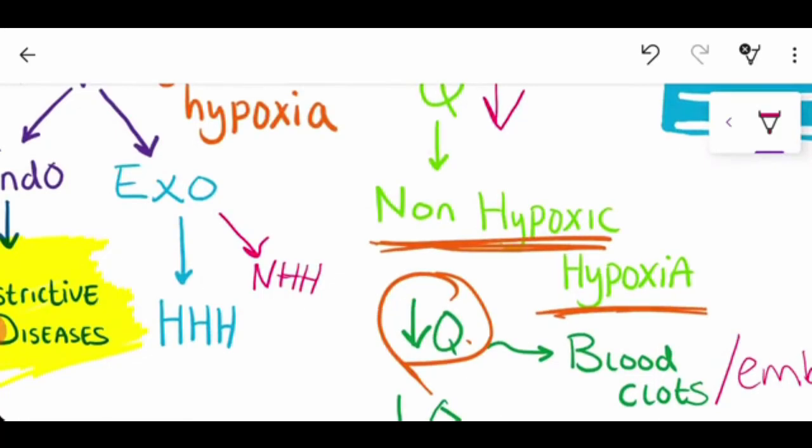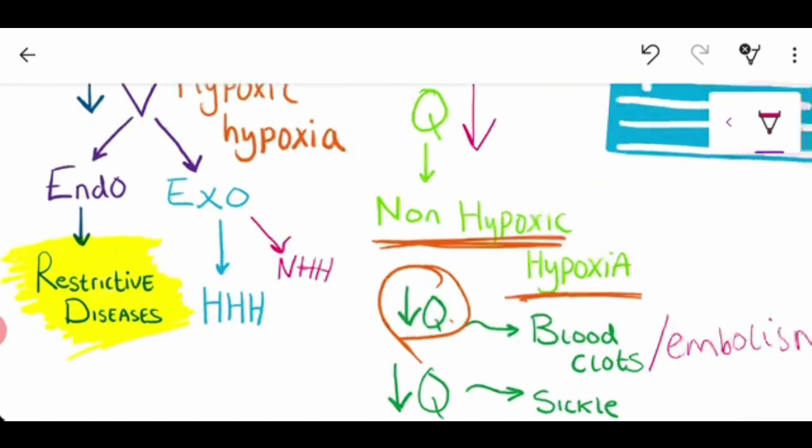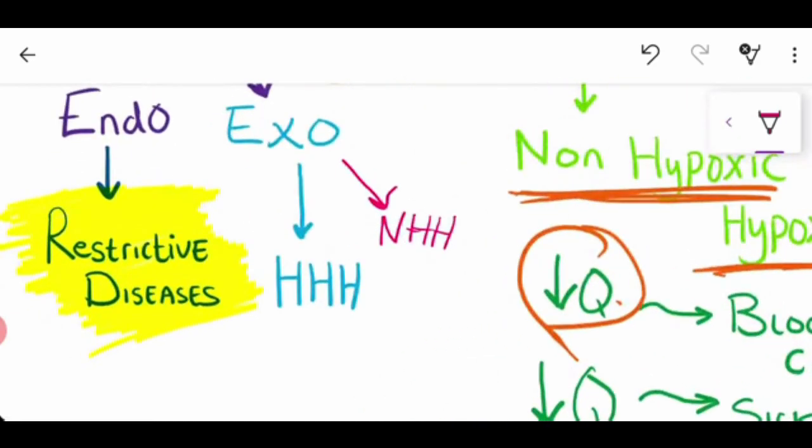These are exogenous factors. Now, endogenous factors, which we will see in a minute. Restrictive disease means a disease in which you cannot take in the air. You can't get the air inside of your lungs. These are restrictive diseases. You are restricting the air entering your lungs.